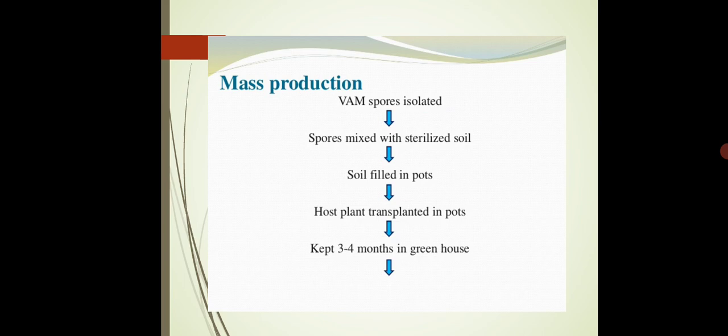Now there are two types of mycorrhizae: first is ectomycorrhizae and second is endomycorrhizae.